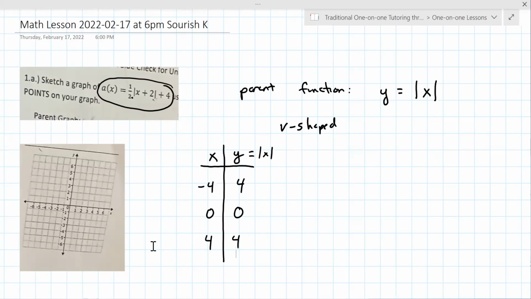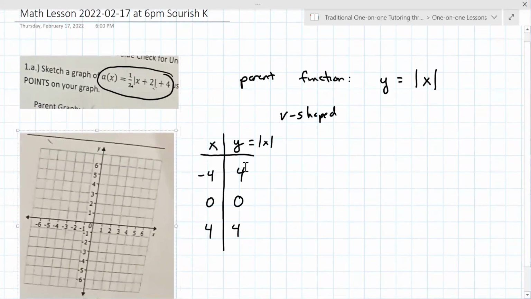Okay, so we need to graph these 3 points on the graph. So you've got 0, 0, 4, 4, and -4, 4. This is your parent graph.